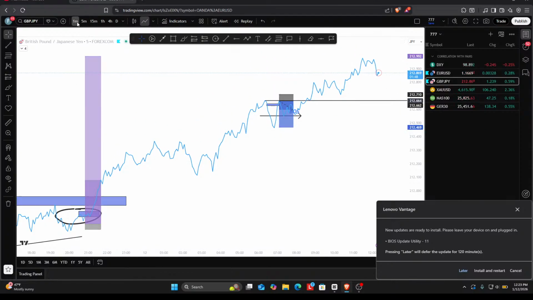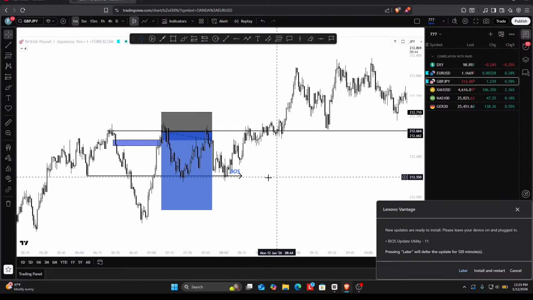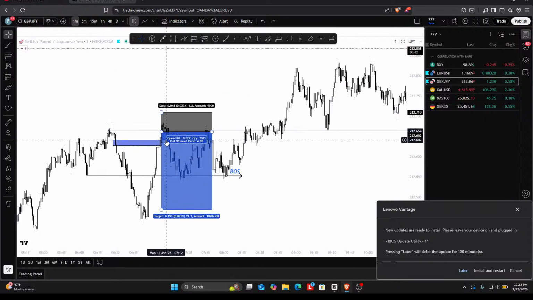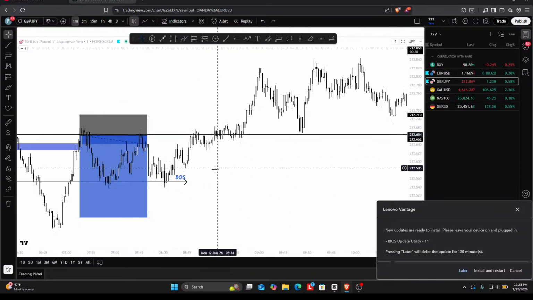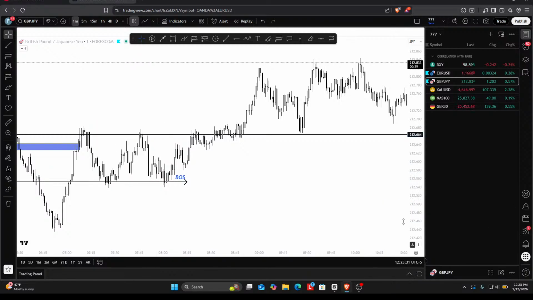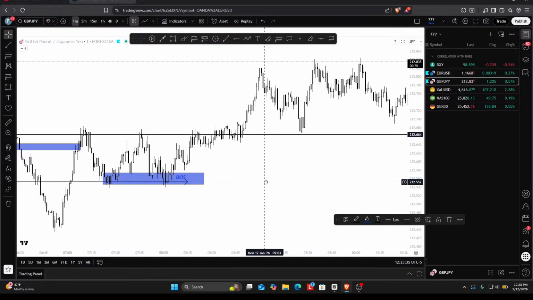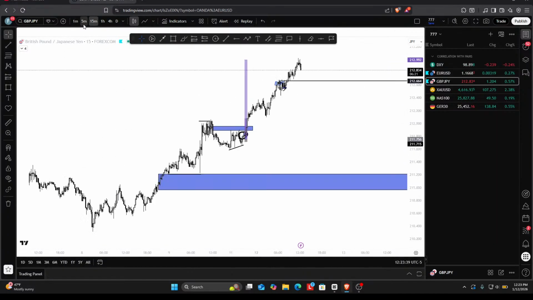So all this was a 1 minute distribution right here, and it came back up, broke structure, came back down in the counter trend, lower low, lower high, lower low, broke structure, came back again, right? Let's move that out the way, and then boom, it just blasted up from there. See that? Play that, boom. Now you're all up in the high.